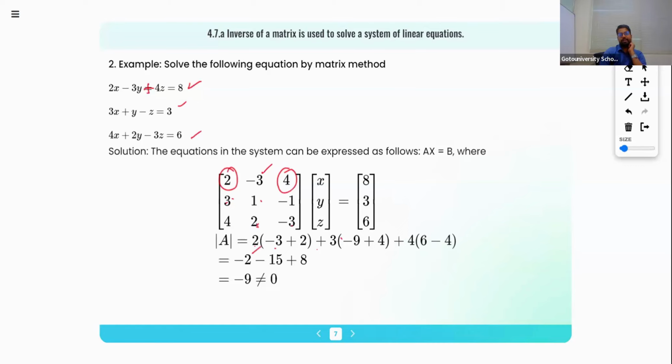And 3 into minus 5 minus 15. And we have 4 into 2, 8. So finally, when you solve this, we end up with minus 17 plus 8, which is actually minus 9, not equal to 0. So I have got to know the determinant of this. So what is my next step? My next step must be finding the adjoint of A.